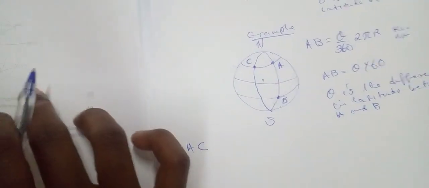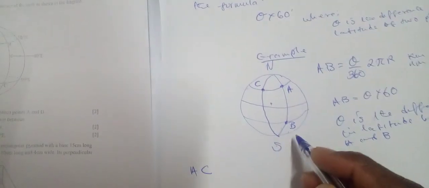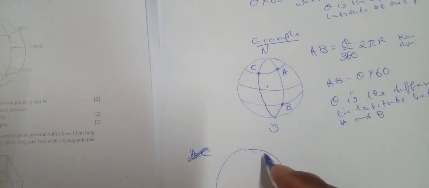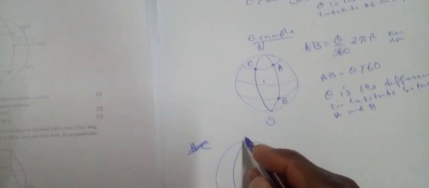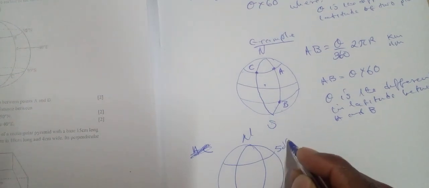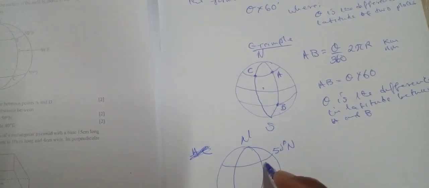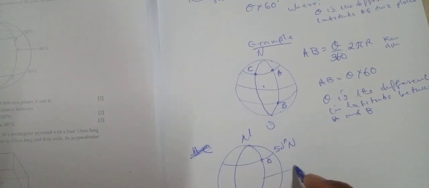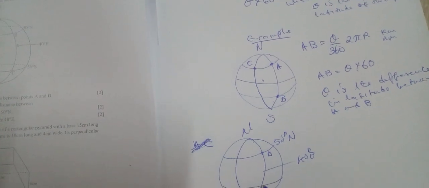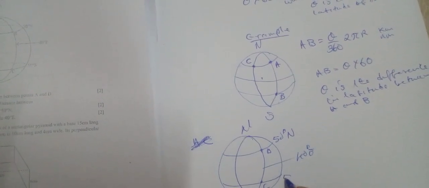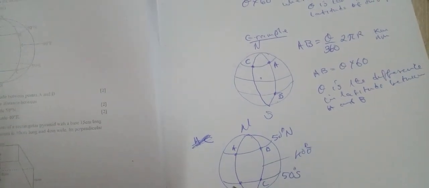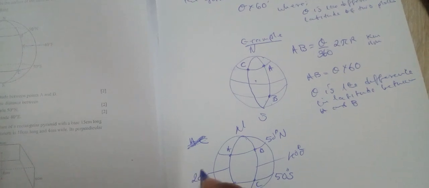On this paper, we have been given this earth like this. This is our north, and we have a latitude there which is 50 degrees north, and this is point B, and this is 40 degrees east, and we have been given another latitude which is going to be C there, and this is on 50 degrees south, and this is point A, and this is point D, and this is 20 degrees west.